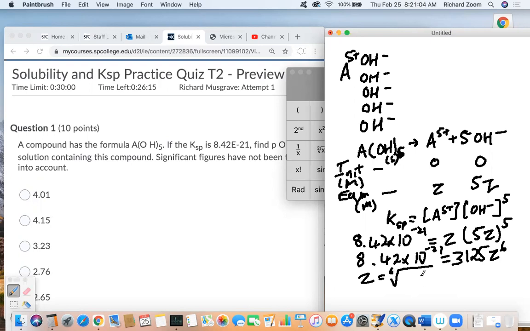Actually, I'll do that a little bit differently. It'd be 8.42 times 10 to the negative 21 divided by 3125, and that is to the power of 1/6.